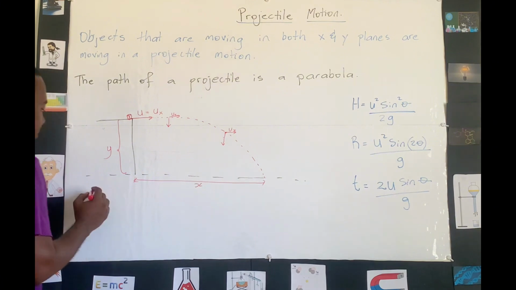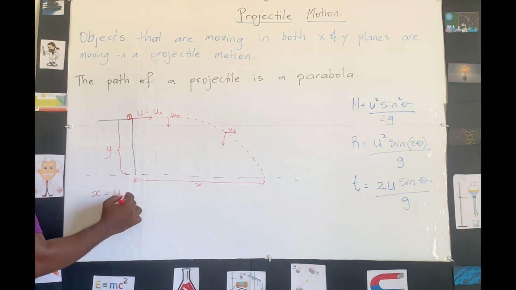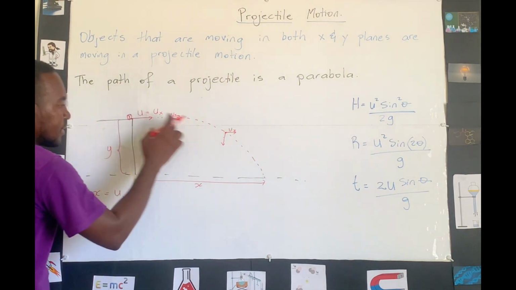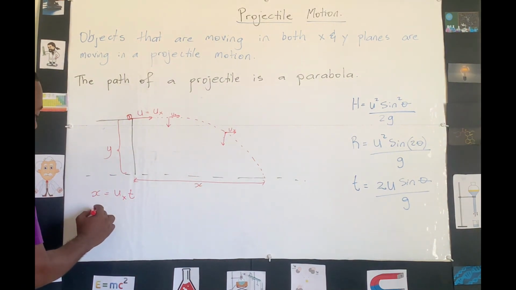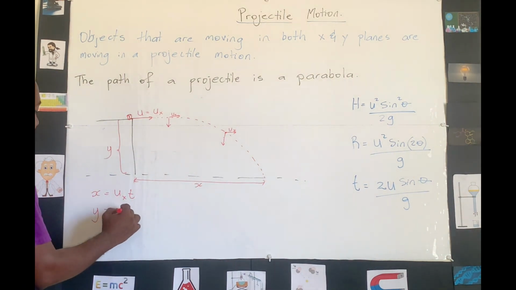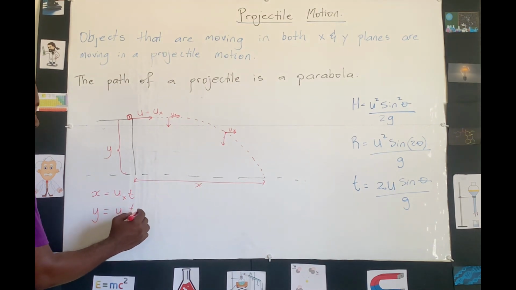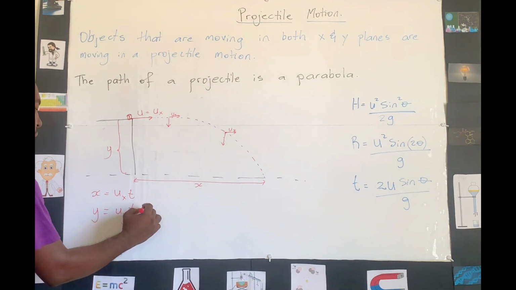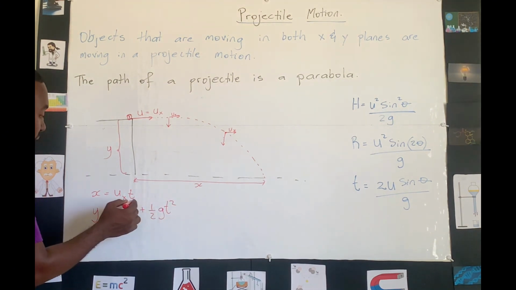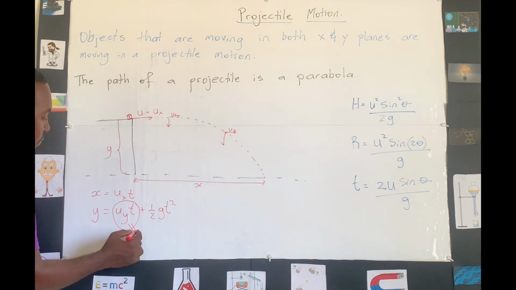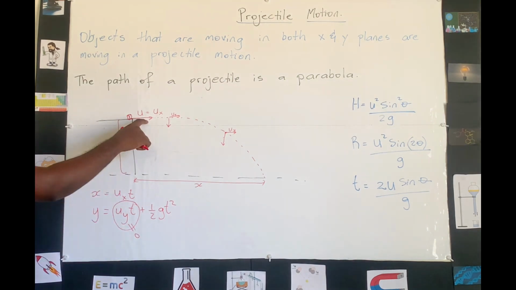You can call it x. X is still ux times t. T would be the time it takes to do that motion, right? We can find y using the same equation, y equals uy t plus half g t squared. And we know this part would be 0 because there is no initial y.